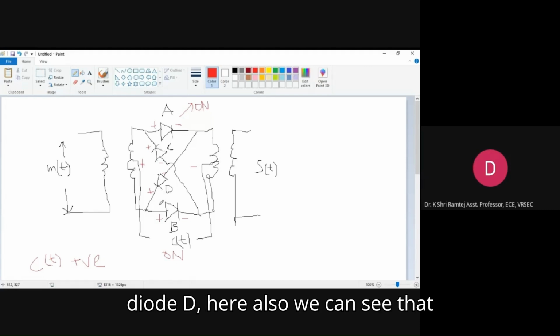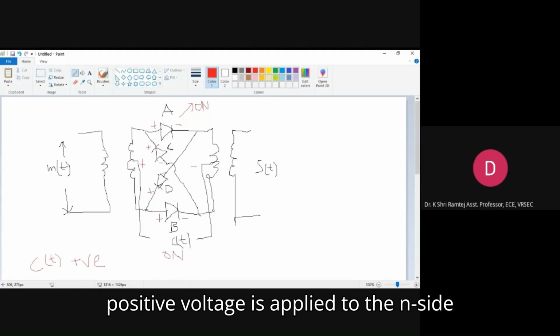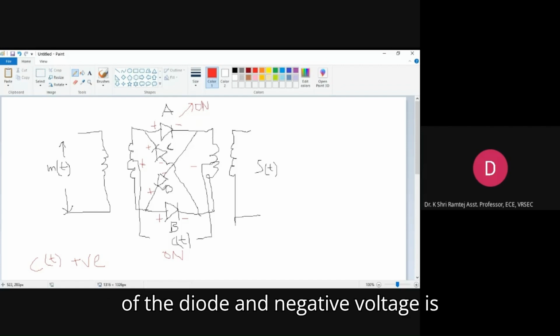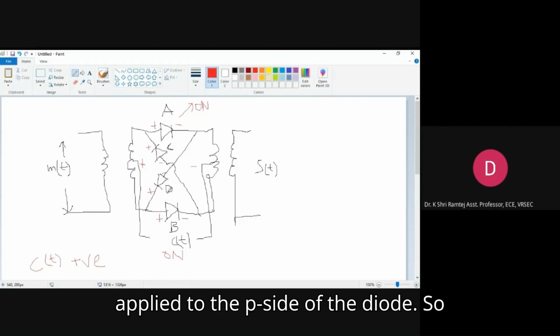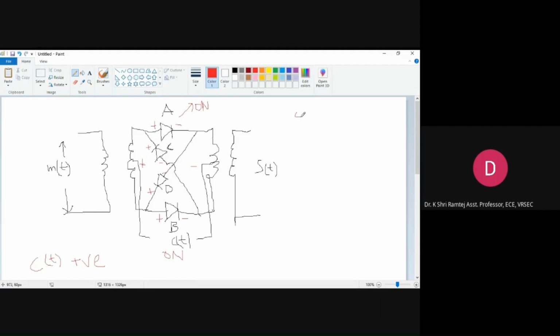Similarly, diode D, here also you can see that positive voltage is applied to the N side of the diode and negative voltage to the P side. So C and D will be off.